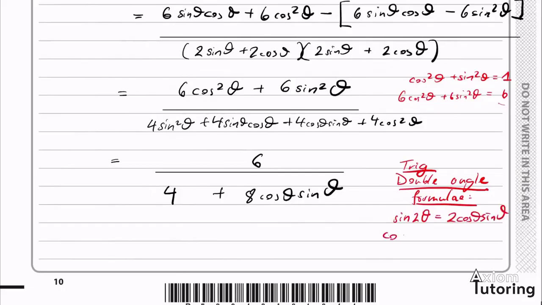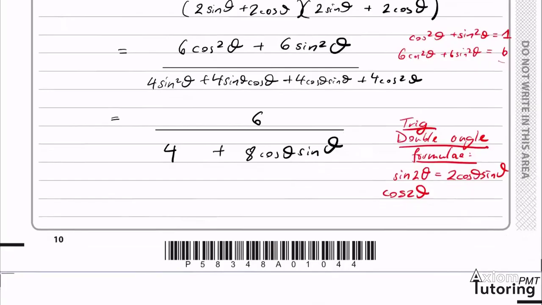We have cos 2 theta. So I'm just going to write a few of them down, and this is how I would suggest you do it if you do get stuck. If you just write down the trig double angle formulae that you have, try and recognize the form of what you're being given, if you're not able to recall it immediately, which is perfectly fine.